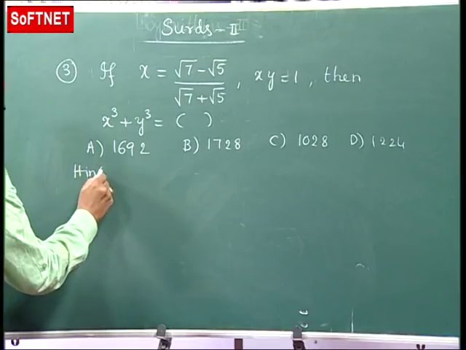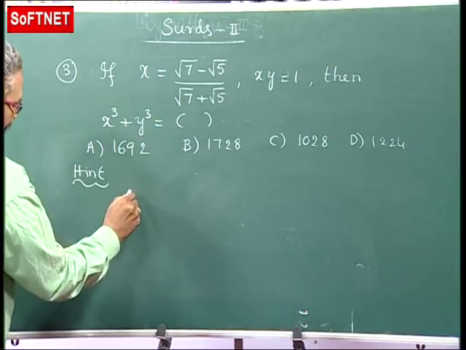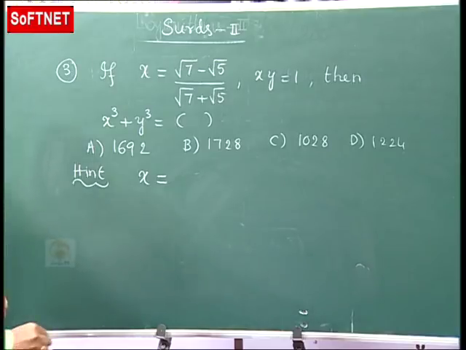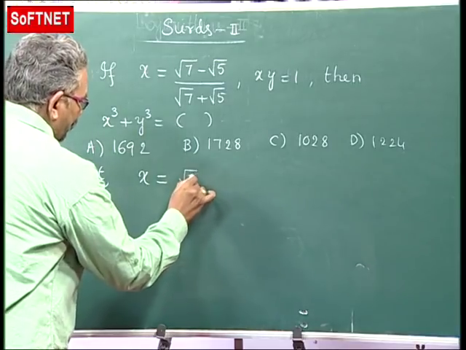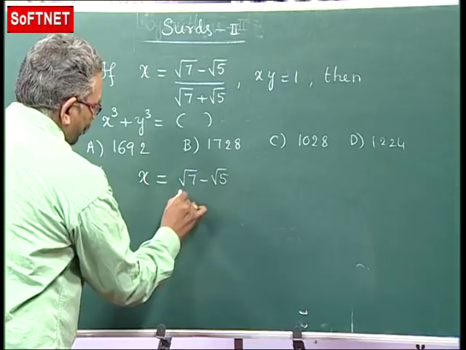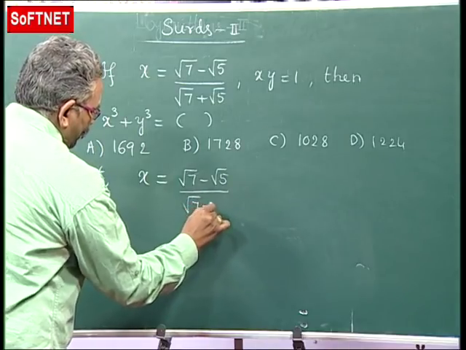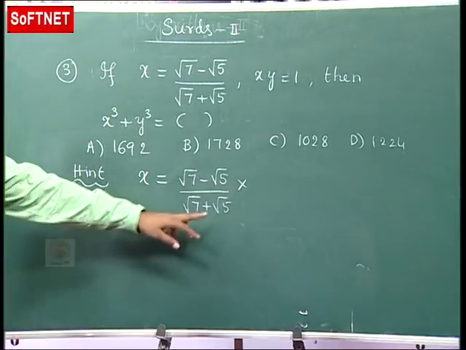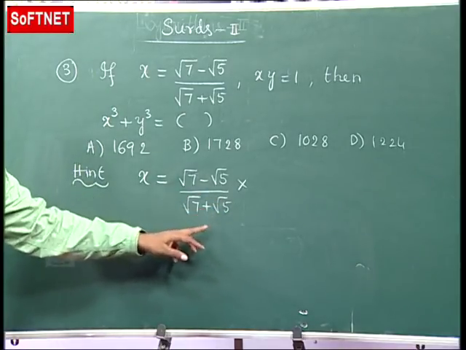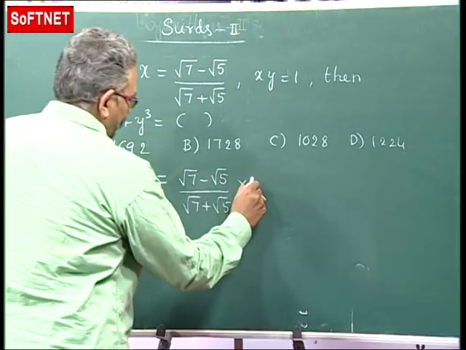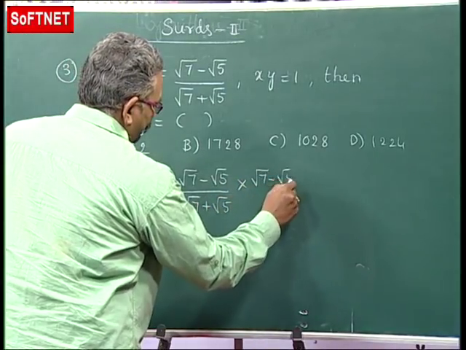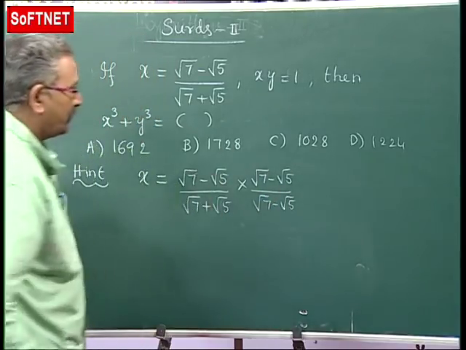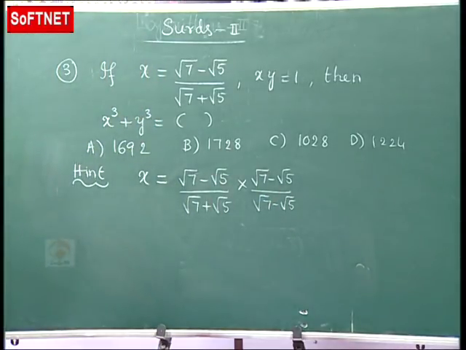Now, x equals root 7 minus root 5 by root 7 plus root 5 multiplied with the rationalizing factor of root 7 plus root 5, that is root 7 minus root 5 by root 7 minus root 5.